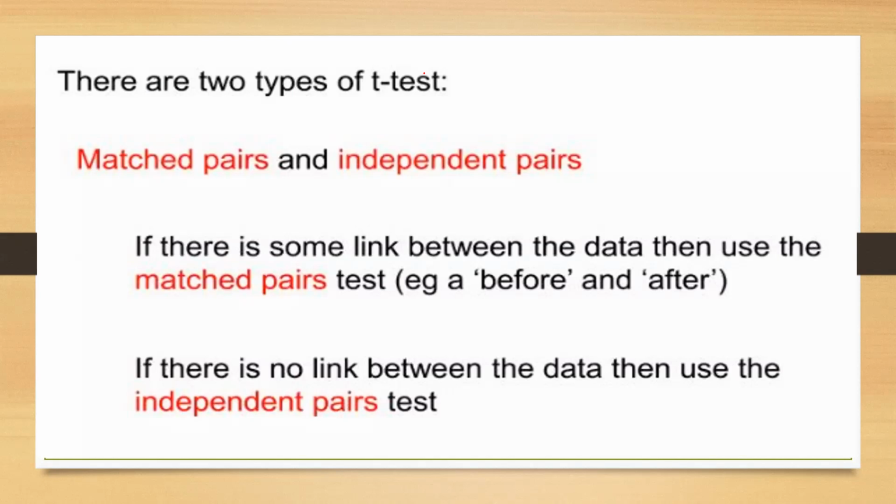That is independent. This thing is very basic and simple. So we say matched is before and after. And if there's no link between the 2 data, we call it independent test.